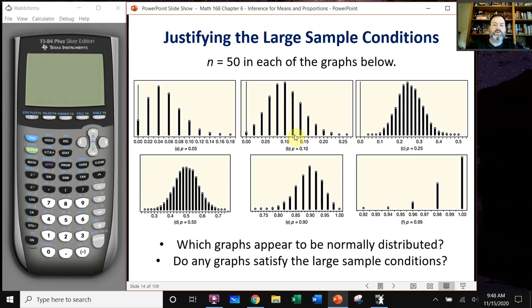All these that are skewed, something is wrong. So let's look at this one. It's not really skewed, but it's too skewed for us to use the formulas, because n is 50, p is 0.10, n times p, so 50 times 0.10 is 5. 5 is not bigger than 10, so we get a skewed distribution. So that's how it works.